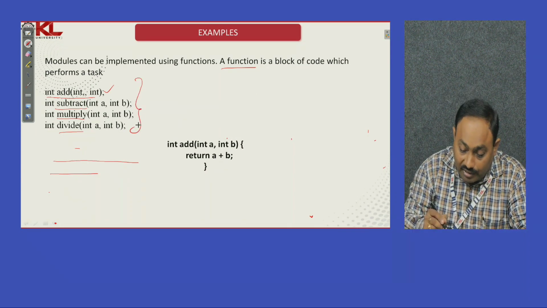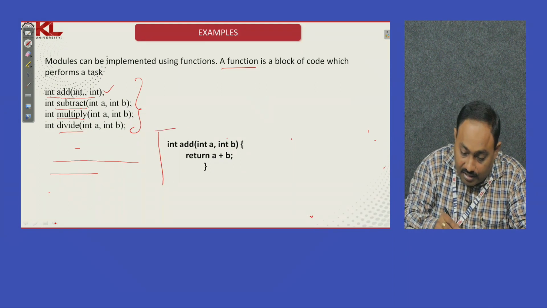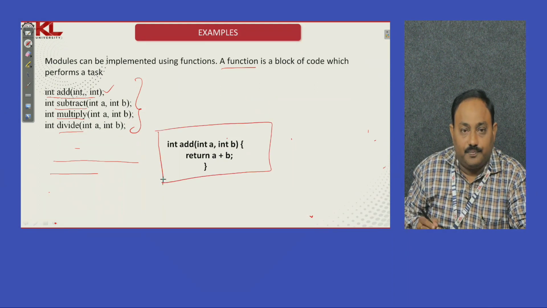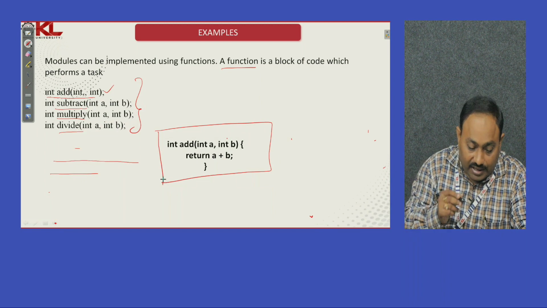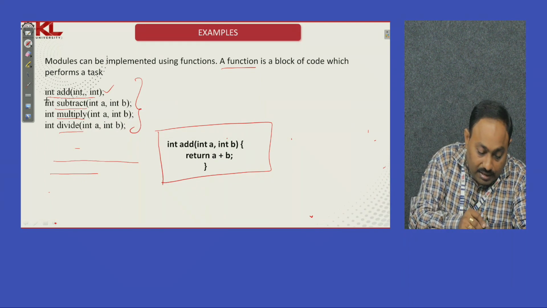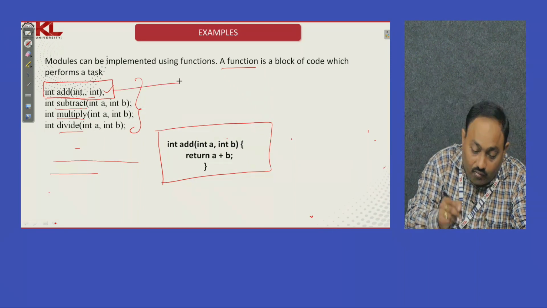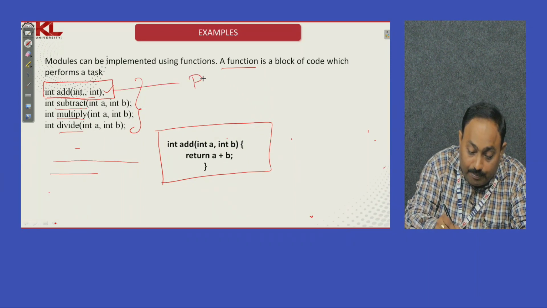If you look at this code, this is an example of defining a module. This is nothing but the specification of the function, or we can call it the prototype of the function. What does it indicate?